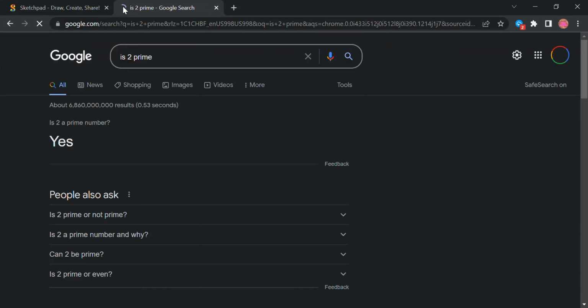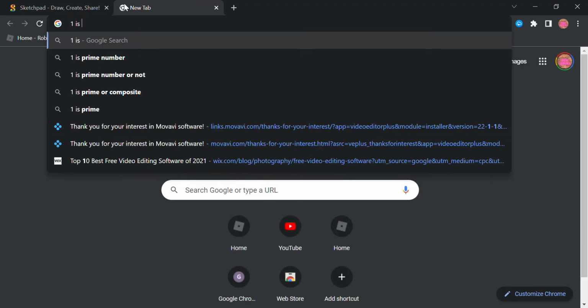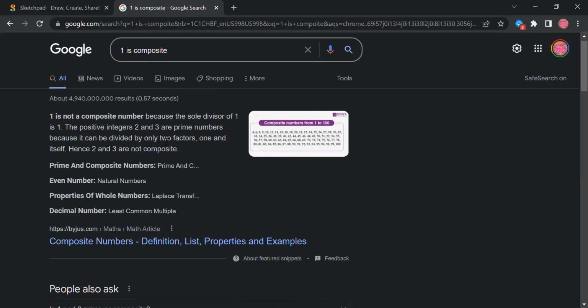Yeah, 2 is the first prime number. 1 is composite, I thought they said.